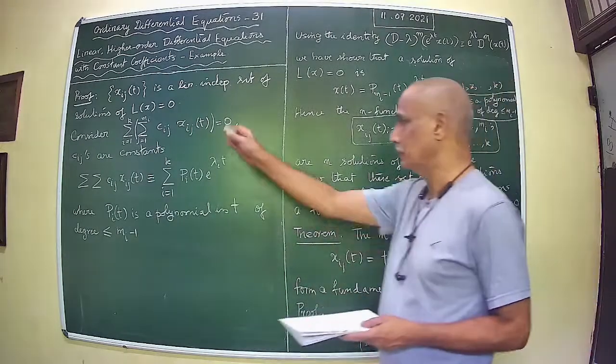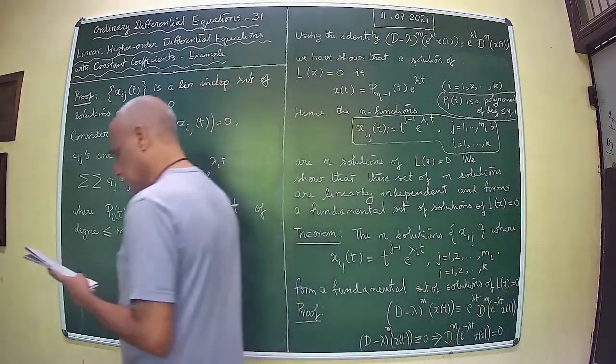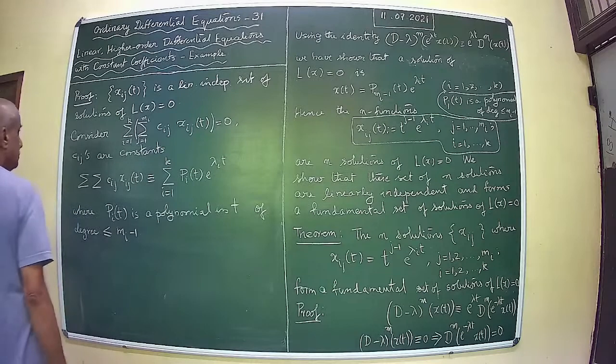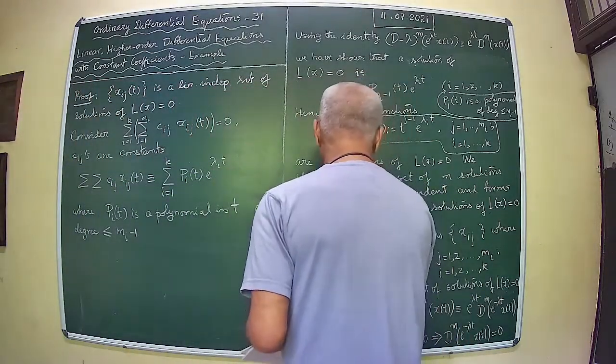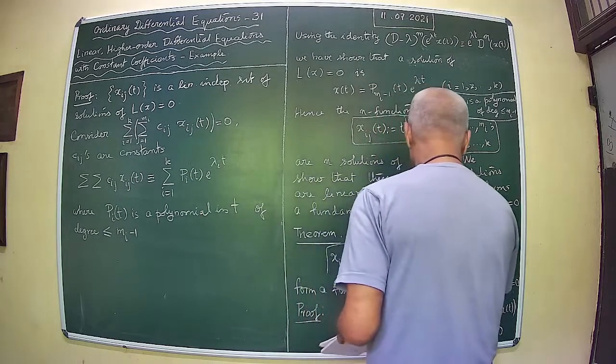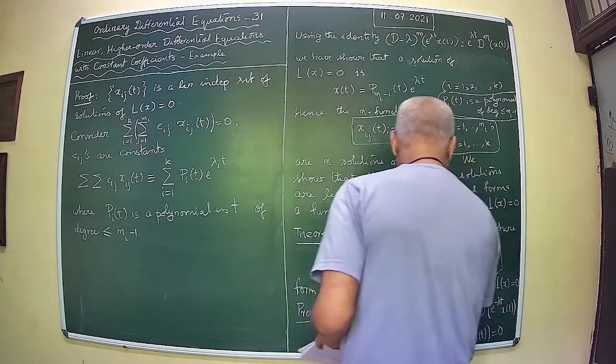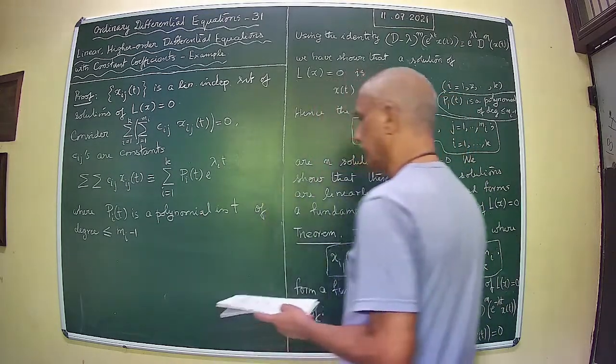It's quite easy to find it out, because these are the definitions of the x_ij, you can work with this. That's easy to verify.